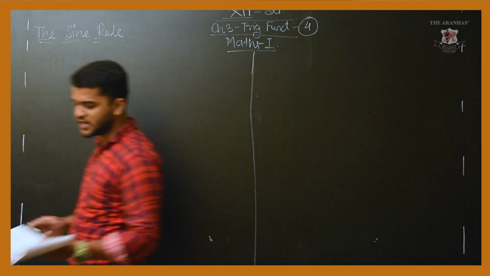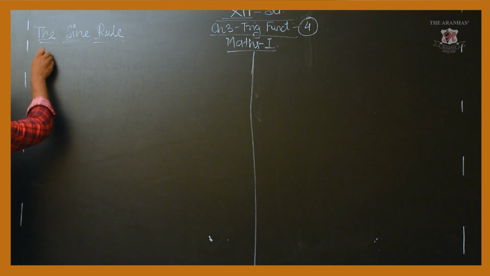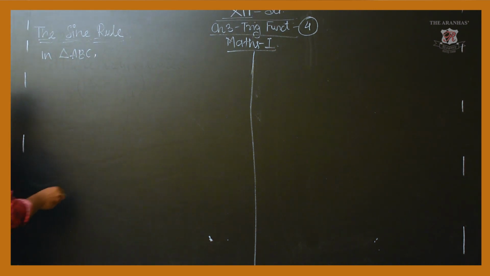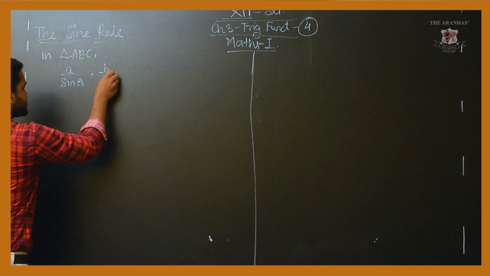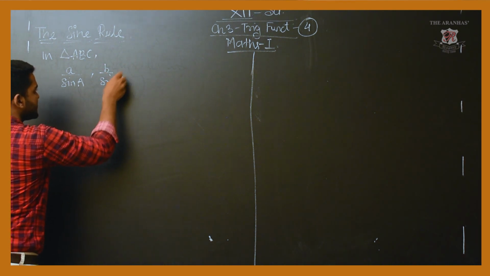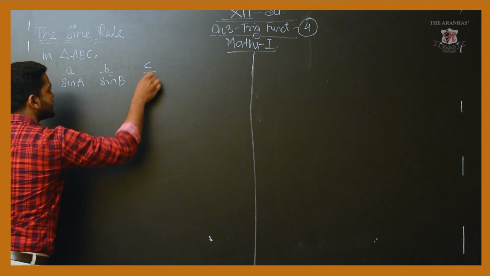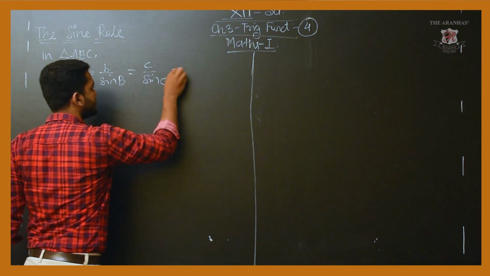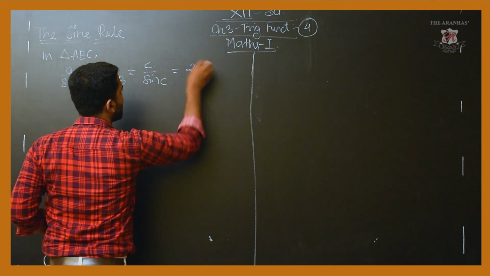So let me write the statement of this proof. The rule in triangle ABC: we have a upon sine A, b upon sine B, and c upon sine C. This ratio is equal, and the total ratio is equal to 2R.